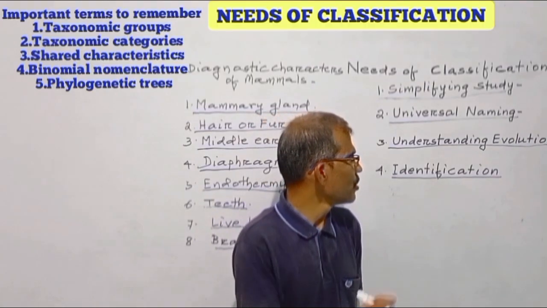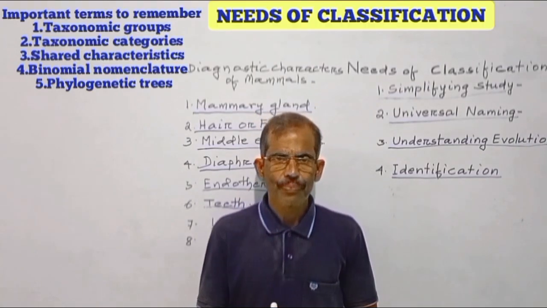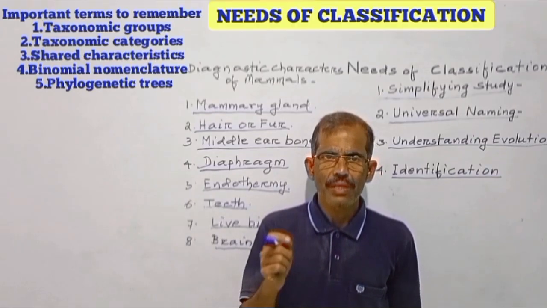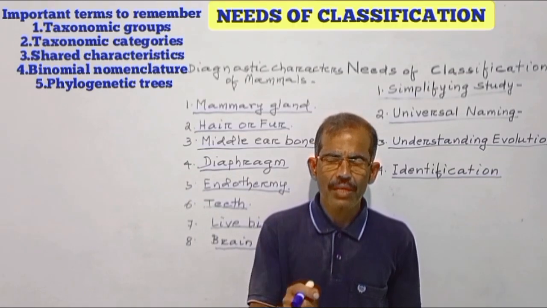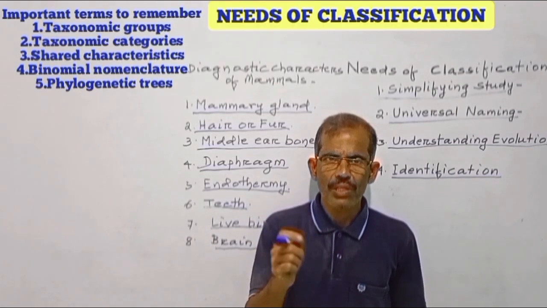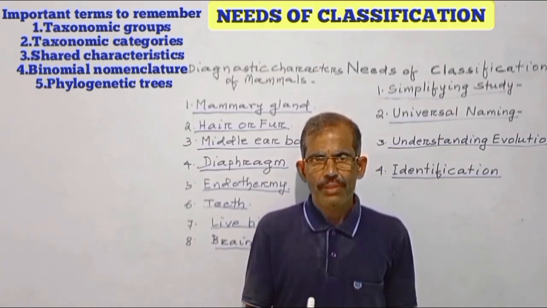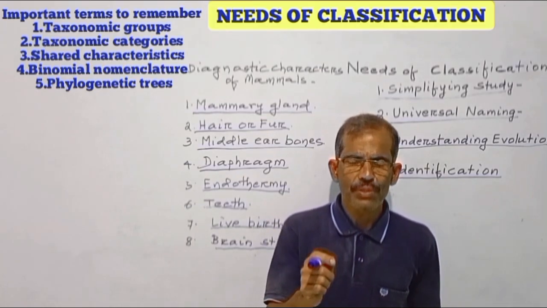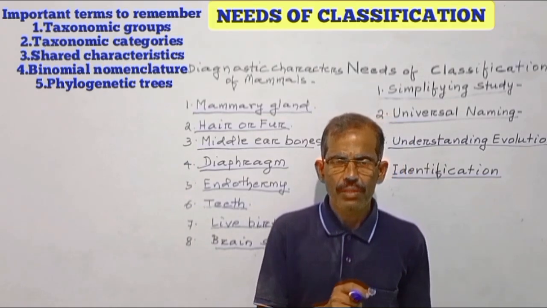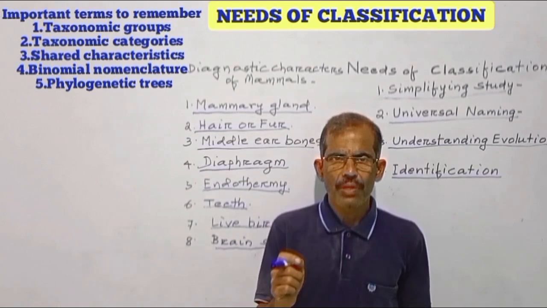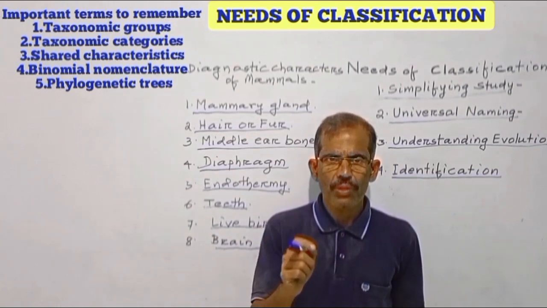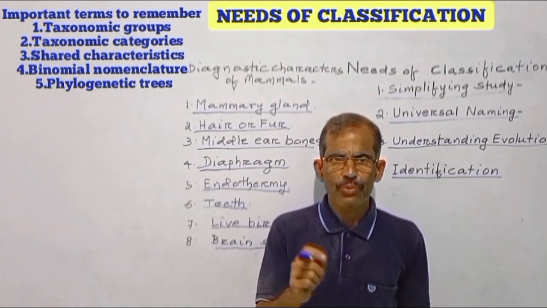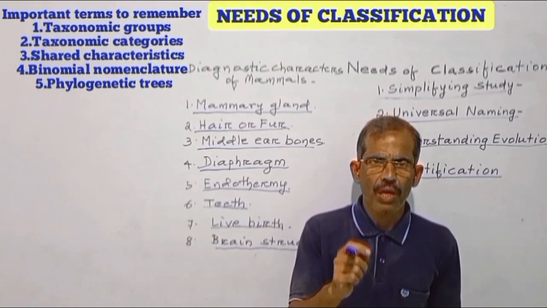Another need is universal naming. Classification assigns a single correct scientific name to each species. The scientific names of species are binomial. The binomial nomenclature, in Odia Dwipada Namakaranam, was introduced by Carolus Linnaeus.